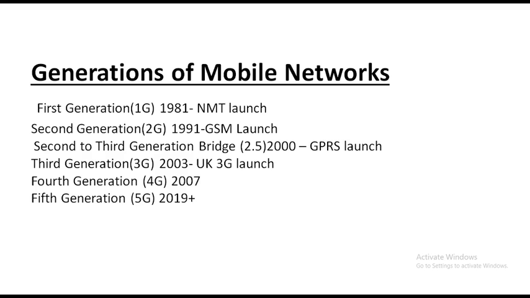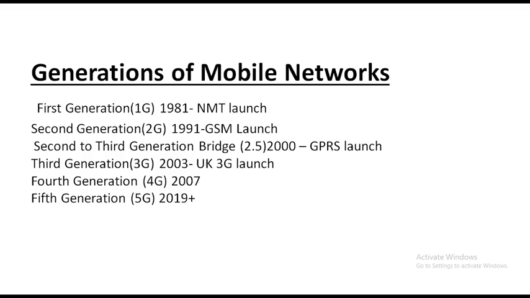Next one is third generation. The year is 2003. First, the third generation was launched in the UK only. Here, the third generation technology merges different mobile technologies like TDMA, CDMA, GSM, as well as SIM technology.